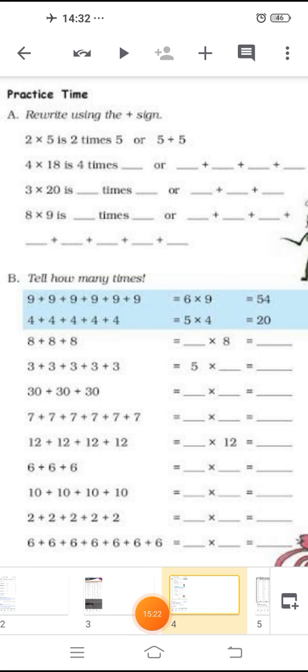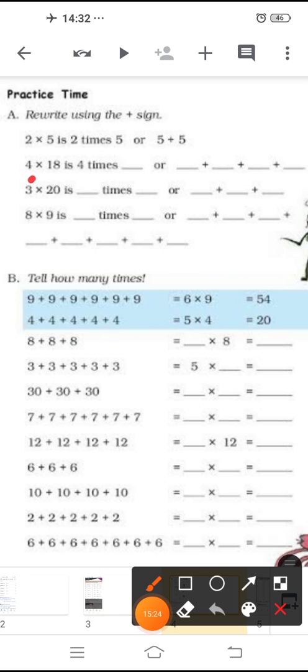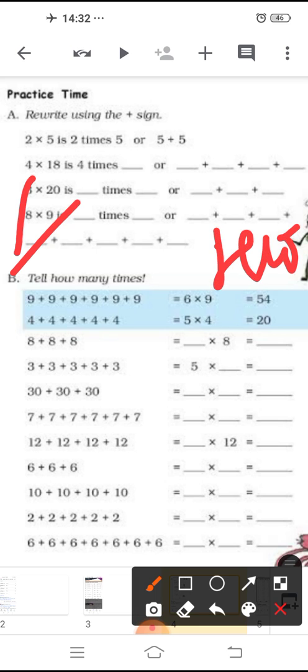Now the rest of the part, these two parts you will do on your own. Okay, this is your homework. You all have to do what previous questions I told you, the division portion, multiplication portion, ones times, and these questions you will do in your maths fair notebook as your practice.